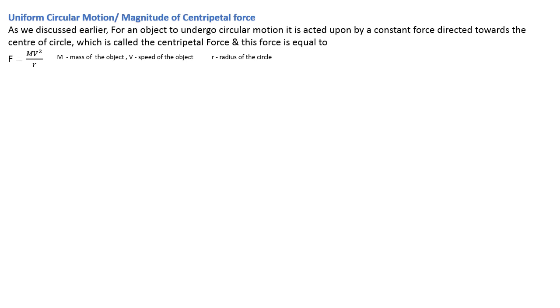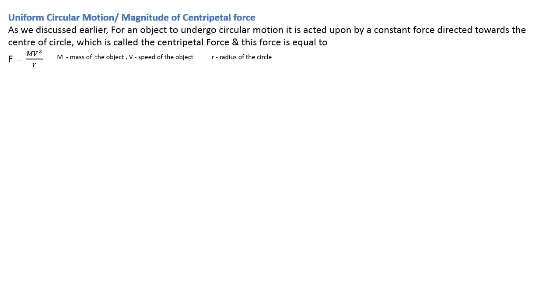So the first part is uniform circular motion and the magnitude of centripetal force. As in our first video of this chapter, we discussed uniform circular motion, and you have even studied it in the ninth standard. Now, what is a circular motion? When an object or any planet moves along a circular path, we call that circular motion.